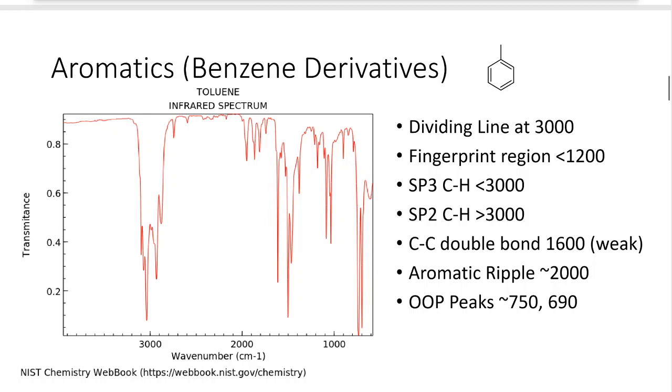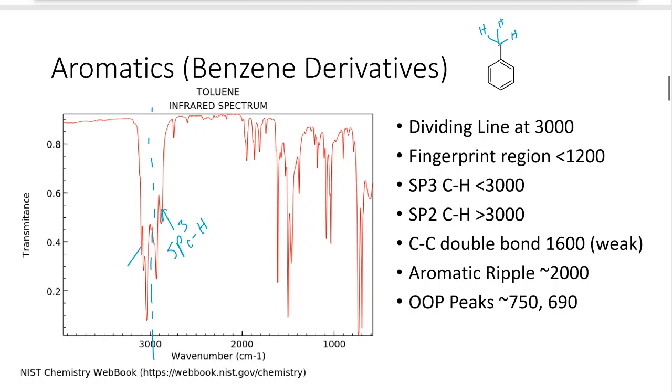So the next molecule we'll discuss are aromatic compounds, and this one is monosubstituted. This is actually toluene. And so again, if we look at our dividing line at 3000, you can see that we have sp3 CH stretch just below 3000, and that's due to the sp3 carbon-hydrogen bonds here on this methyl group in toluene.